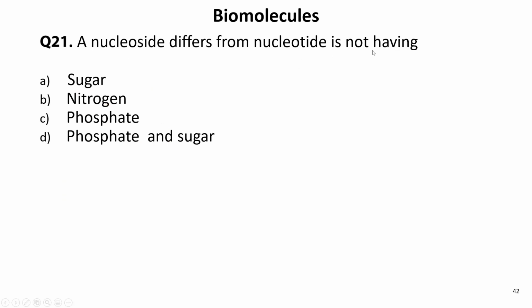Nucleosides differ from the nucleotide in not having which component? Just now we have solved this. We have base, sugar, and phosphate group. Base and sugar unite to form nucleoside.